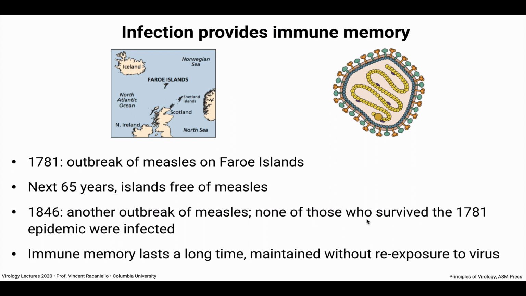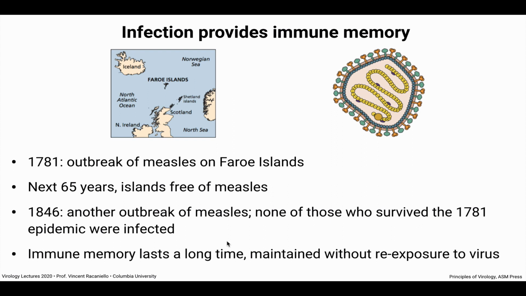It's a long time. And the epidemiologist said, wow, there's immune memory. It lasts a long time and probably doesn't need re-exposure to virus, because he thought people weren't bringing much virus in over the years. But we have now better evidence that you don't need re-exposure to virus to maintain memory. So that's the first clue that infection provides memory.